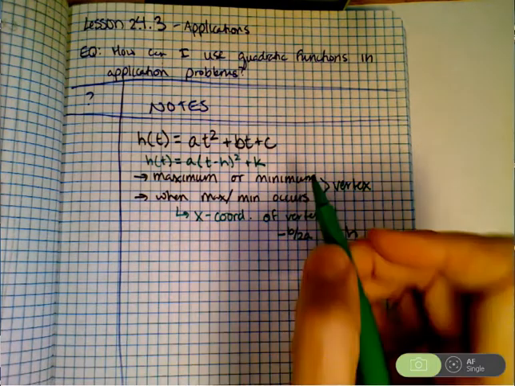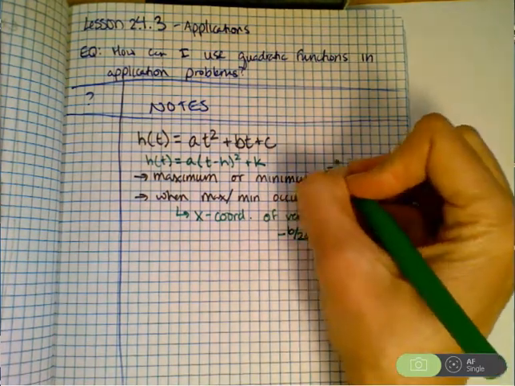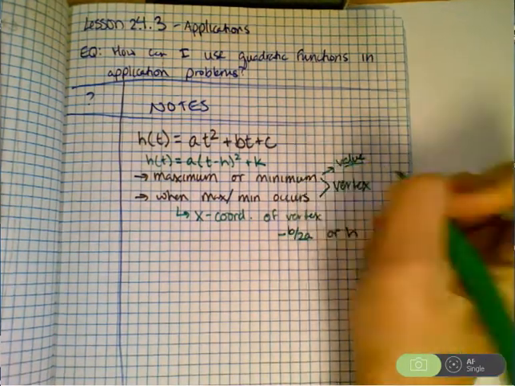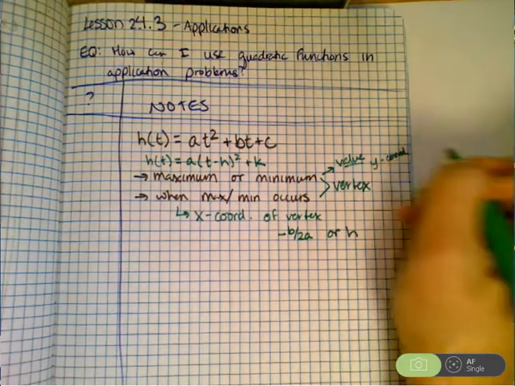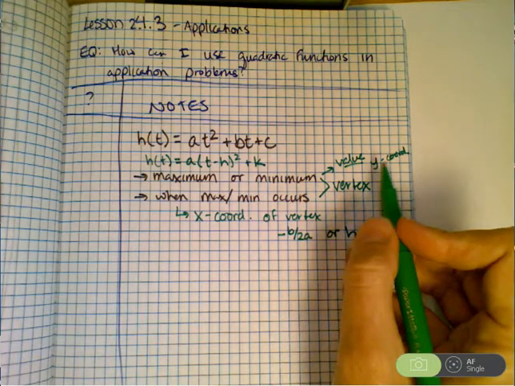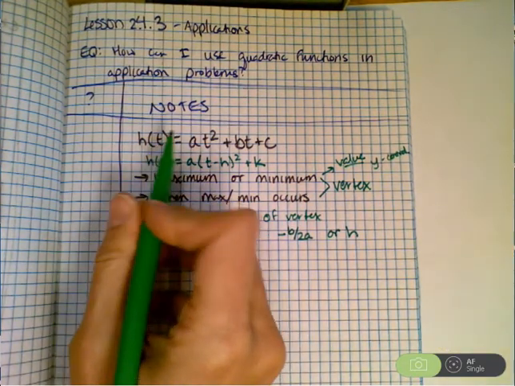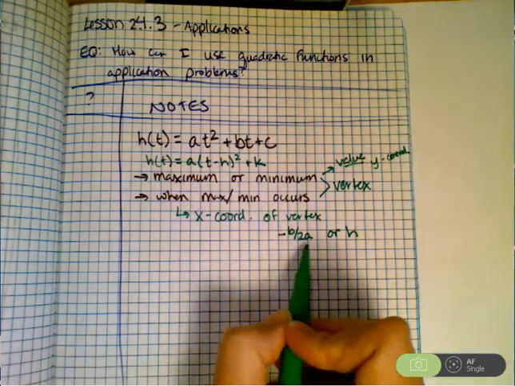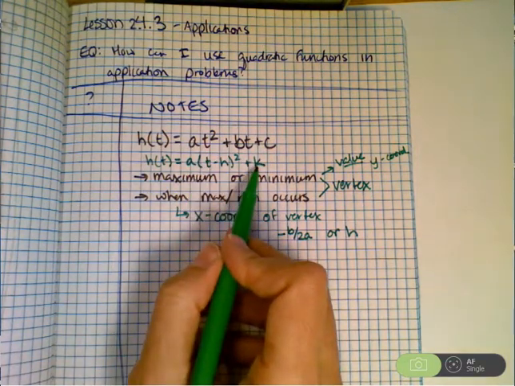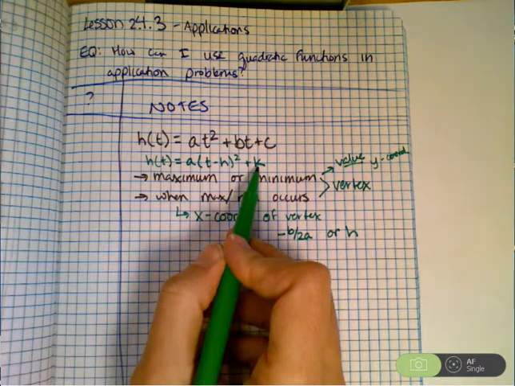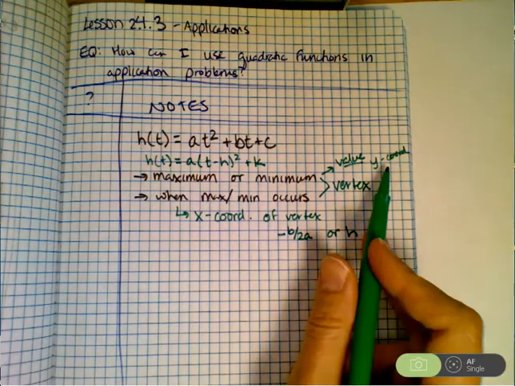And then the actual value of that maximum or minimum is the y-coordinate of the vertex. Again, to get the y-coordinate, or in this case this h of t, you either plug in this negative b over 2a in your standard form, or if you're in vertex form, you just look at the value of k, which is the y-coordinate.